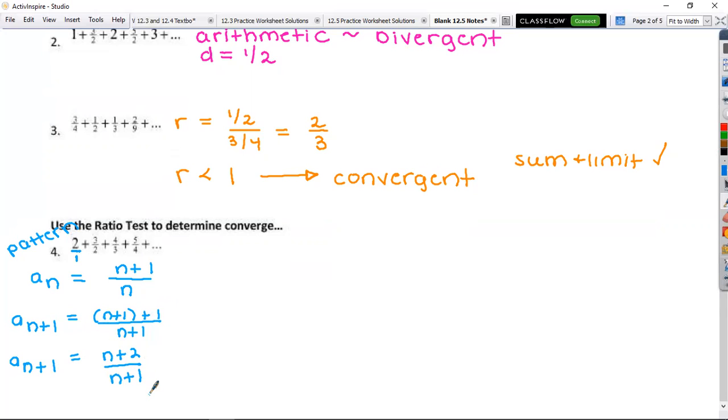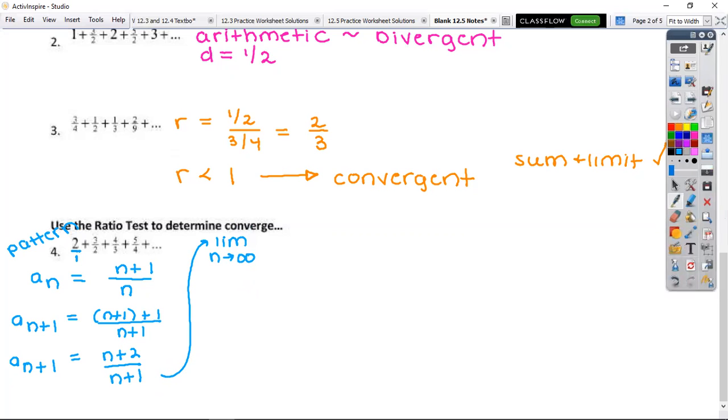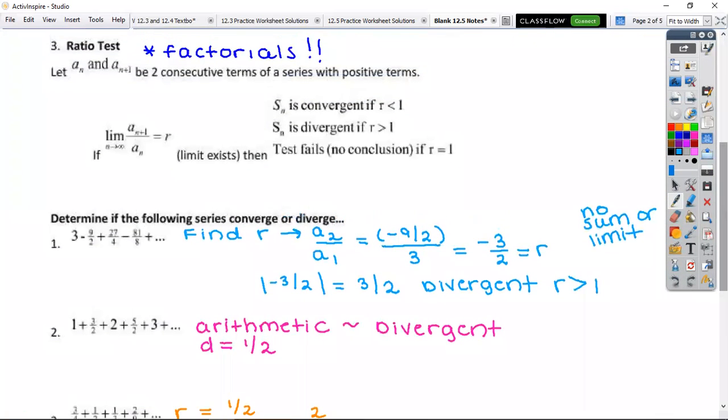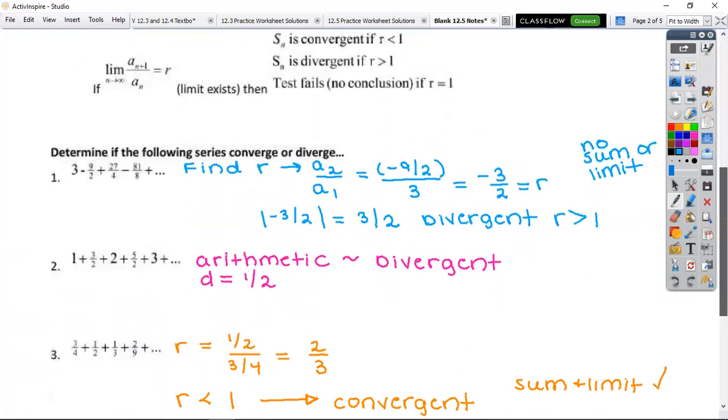What you then do is you are going to take the limit of a sub n plus 1 divided by a sub n to get your r value. So next thing I do is I'm going to do the limit as n approaches infinity. And your formula is right at the top there, because I don't know how much space you're going to need here, but I'm pulling this formula right here. And then we're going to do keep, change, flip with that because these are fractions.